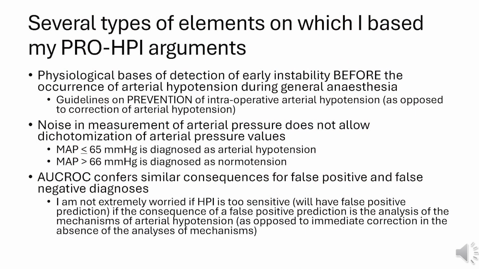The first one, and I think it's a very strong argument, is that there's a fairly robust physiological background on the way HPI was derived, and I will not reinforce what Jean-Luc Fellahi said: because we don't have the proofs that correction of arterial hypotension actually improves outcome, in both the 2014 and the 2022 ESAIC guidelines, we reinforced the issue that arterial hypotension should be prevented rather than corrected.